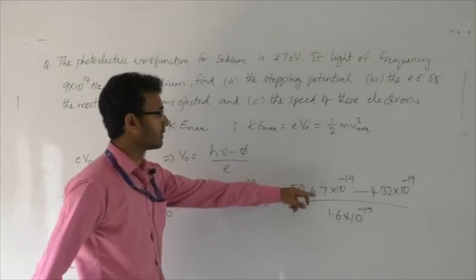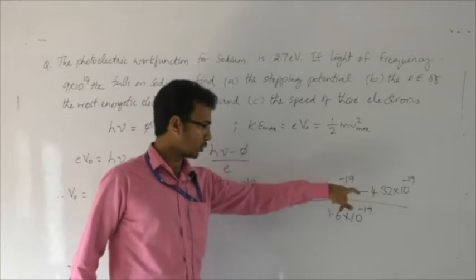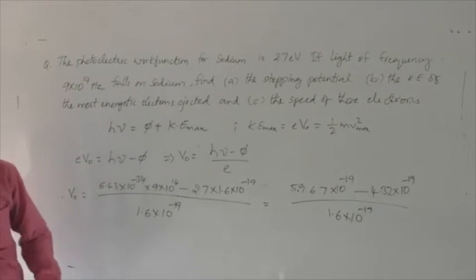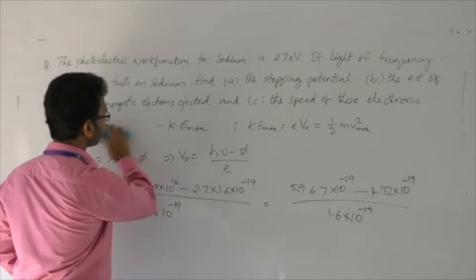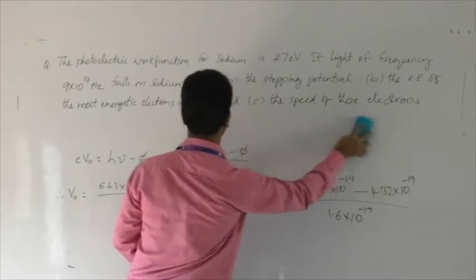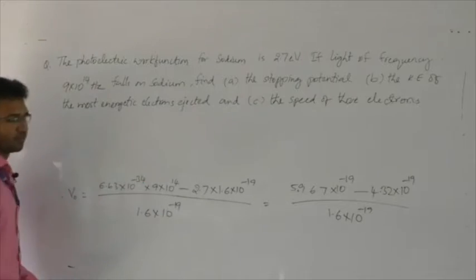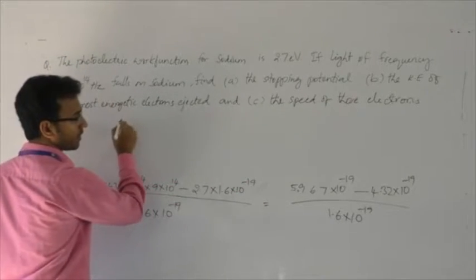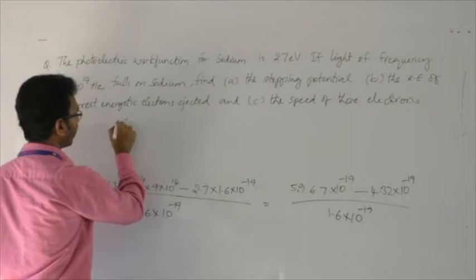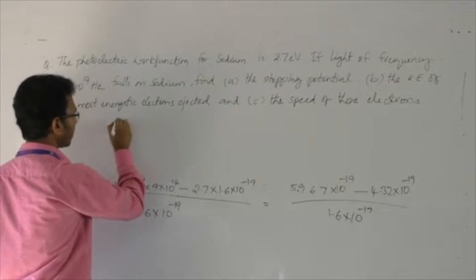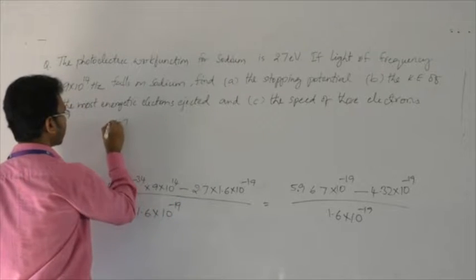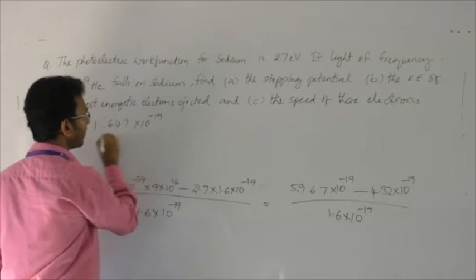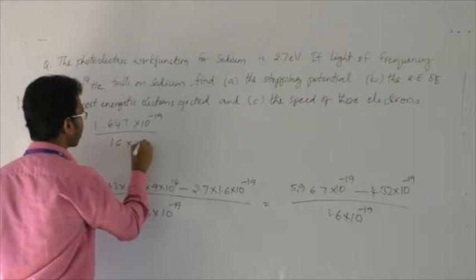So 5.967 minus 4.32, it's 1.647 into 10 power minus 19 divided by 1.6 into 10 power minus 19.